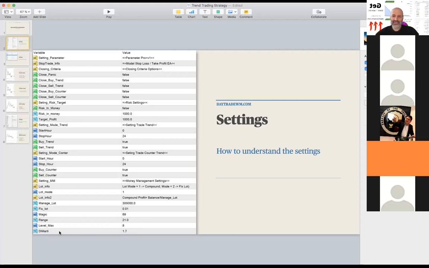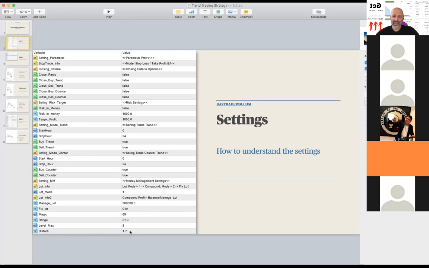Now, the Dmrt is the demartingale. You can turn it off by setting this number to 1. If you have this Dmrt equal to 1, then you will not have a martingale. It will not multiply the orders. The orders will still be the same.